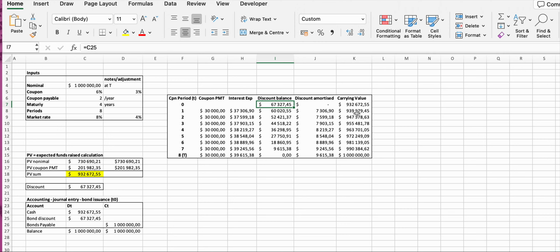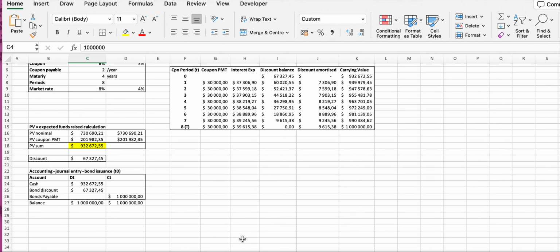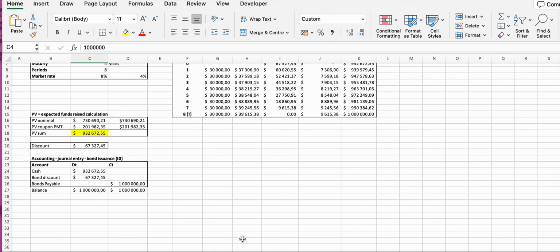Given that the carrying value of the bond is increasing, and the carrying value is the basis for calculation of interest expense, the interest expense itself is slowly increasing. Eventually, in the last coupon period, the discount balance will be reduced to zero, so it will be completely written off, and the carrying value of the bond will be equal to its nominal value. This is an important takeaway.